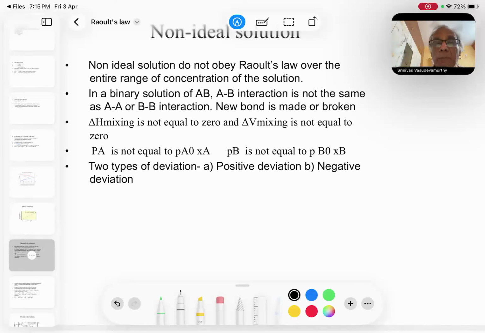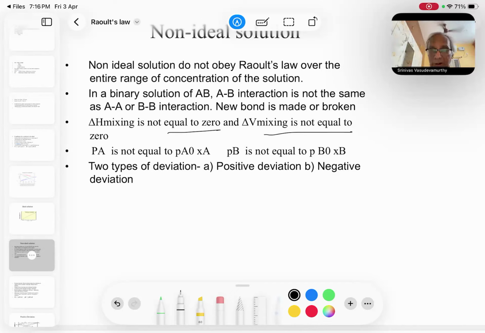So delta H mixing is not equal to 0 because there is some enthalpy change. Delta V mixing is also not equal to 0. PA is not equal to P naught A into the mole fraction of A, and PB is not equal to P naught B into the mole fraction of B. This is a non-ideal solution: it does not obey Raoult's law over the entire range of concentration.